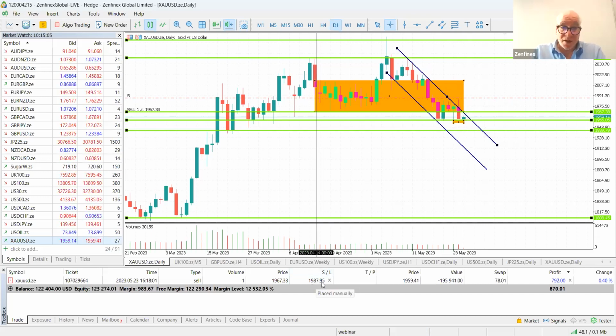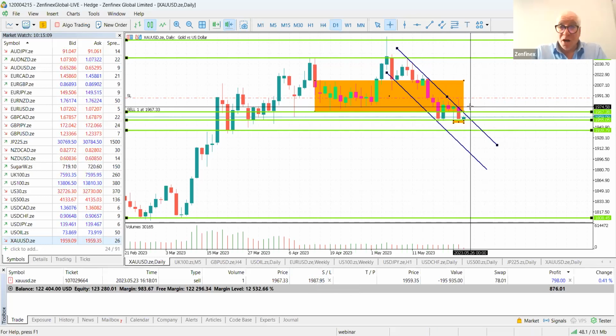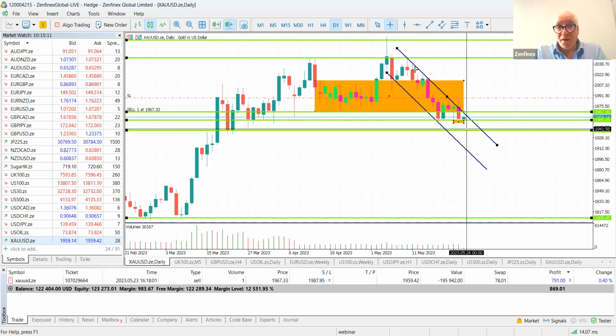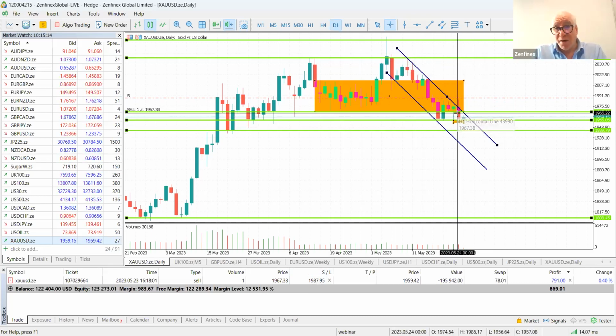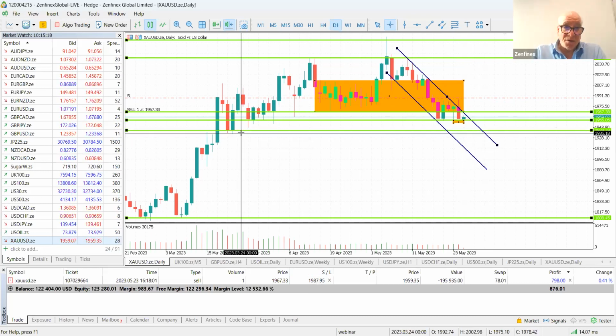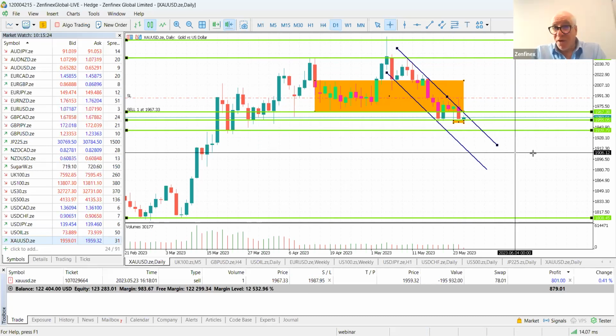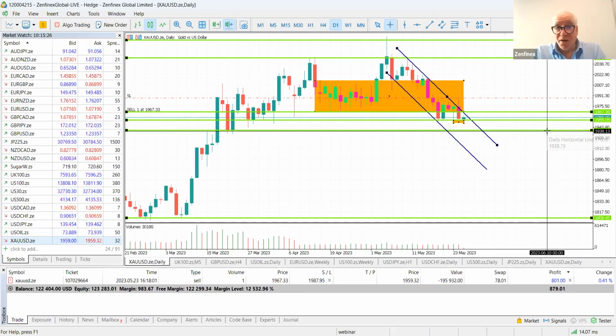Yeah, okay, so it's 1988. That's fine. If it gets stopped out, I'm okay with it. But I think this downward channel, the breakout of the downward consolidation, and the levels that it may certainly reach is this level here, which is at 1939, 1940.